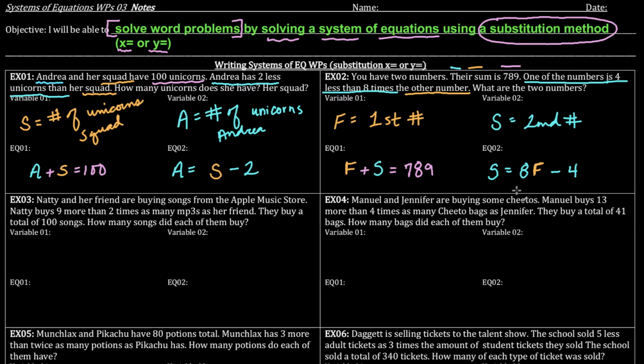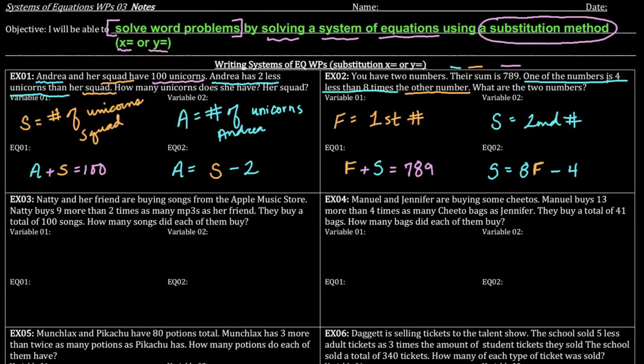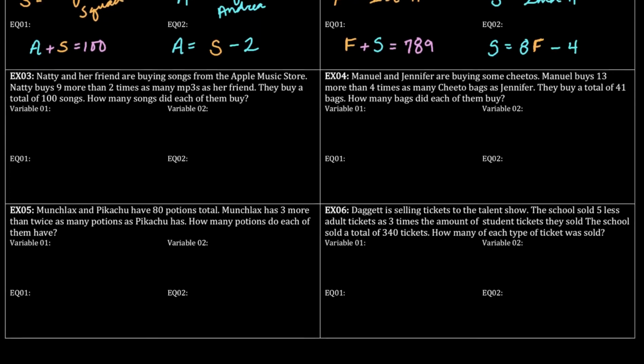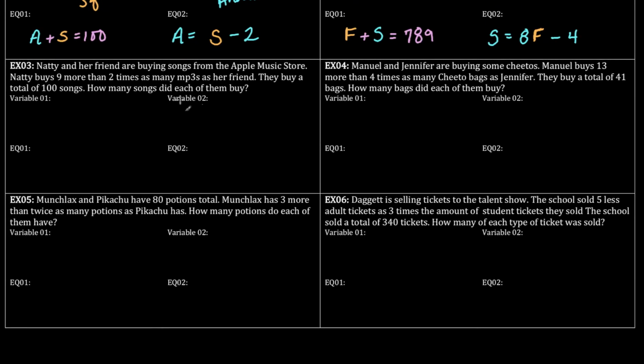And there we go. So let's look at the next couple. All right, so Natty and her friend are buying songs from the Apple Music Store. Natty buys 9 more than 2 times as many MP3s as her friend. They buy a total of 100 songs or MP3s. How many songs did each of them buy? So to make it slightly easier, I'll put Natty and her friend are buying some songs. Natty buys 9 more than 2 times as many as her friend.